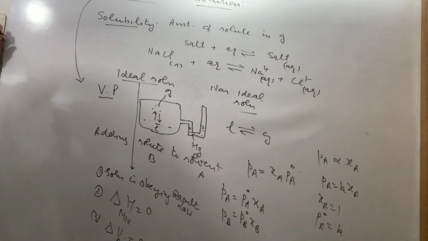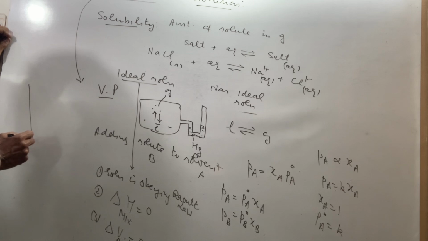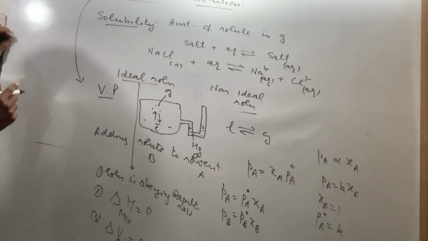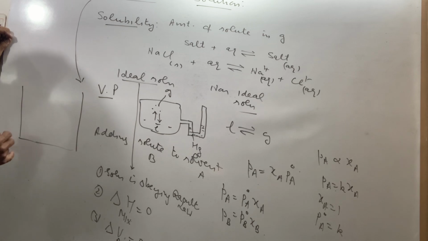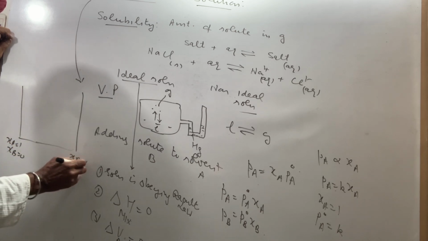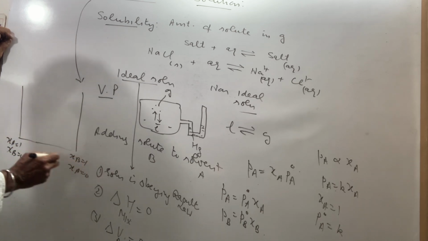So how can we show it by a graph? It is like this. Here we have XA equal to 1, XB equal to 0, and XB equal to 1, XA equal to 0.